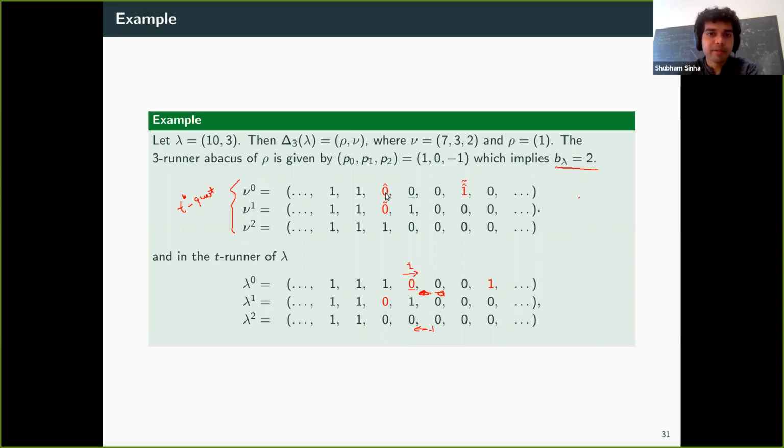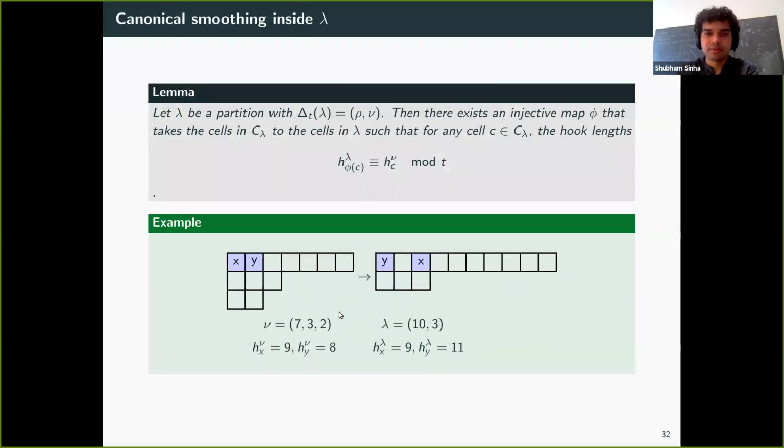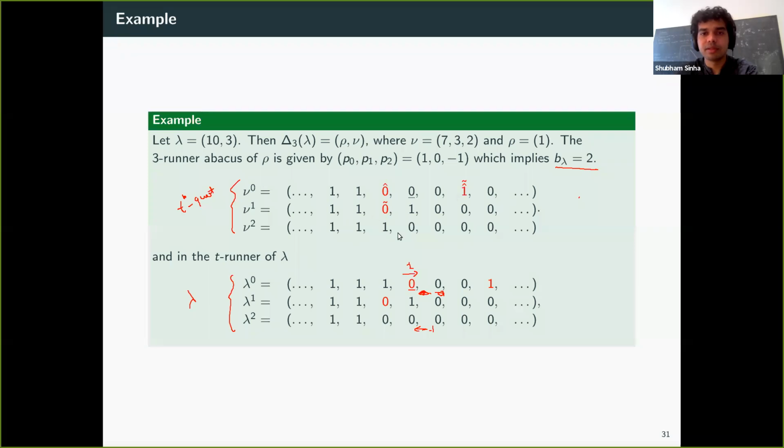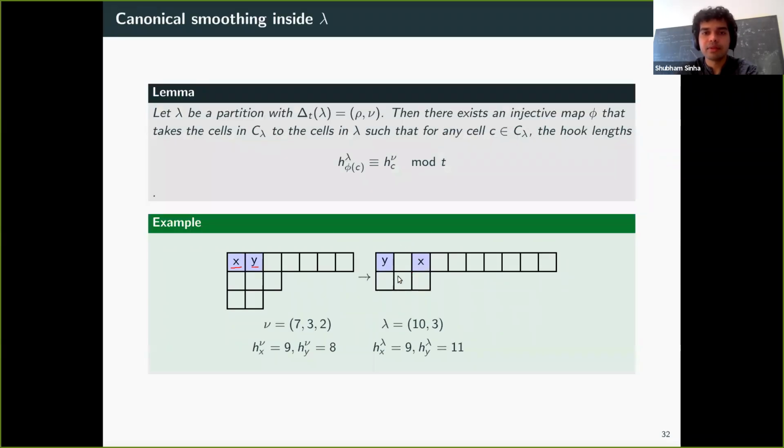So you can remember the positions, and you can consider these cells in your original lambda as well. For this particular example, you start off with x and y being cells which correspond to the 0, 1 pair, and that would give you some cells x and y in the original lambda, 10,3.